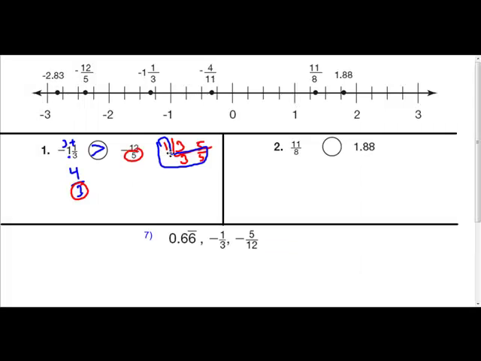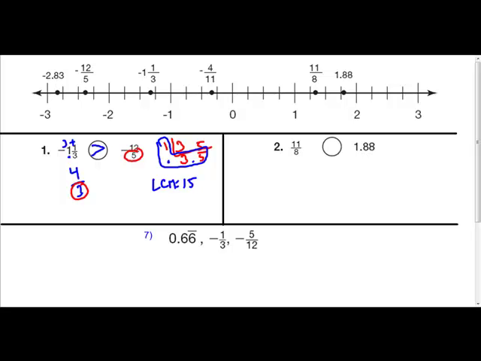We find that by multiplying down the L. 1 times 3 is 3, and 3 times 5 is 15. So the least common multiple is 15. LCM is 15.